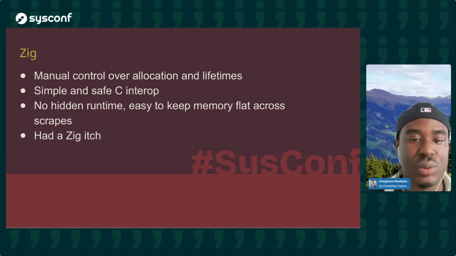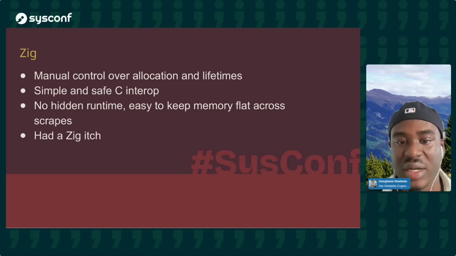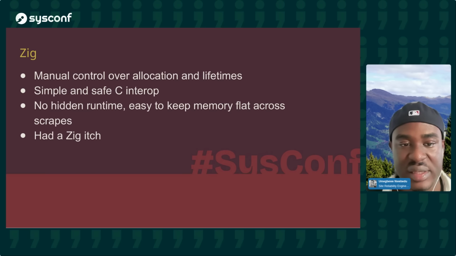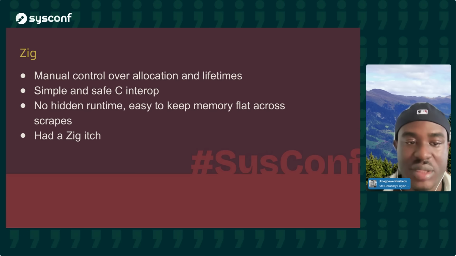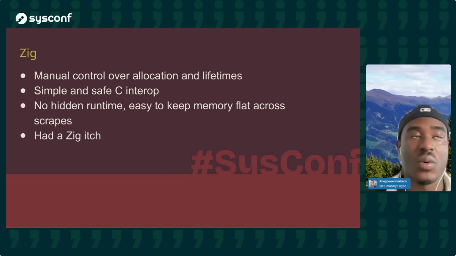It needed a lower level language, so I needed manual control over allocations and how data is kept, like lifetimes. I needed something simple and very safe. And because there's no hidden runtime in Zig, it's easy to keep the memory flat across scrapes. Also, Zig is a language I've been exploring for a while, so it only made sense: I had a Zig itch, why not try it out?